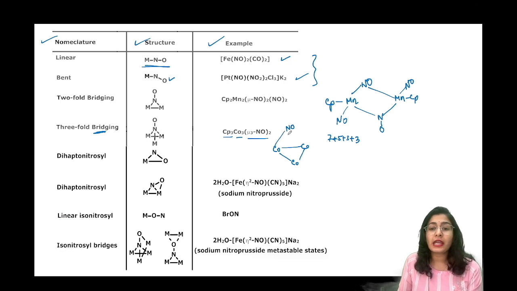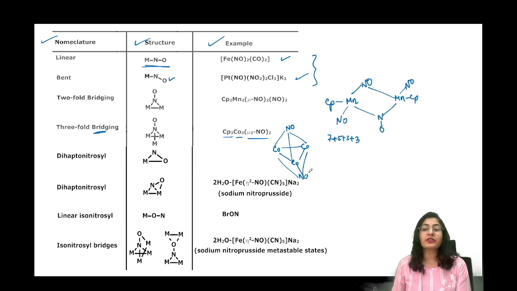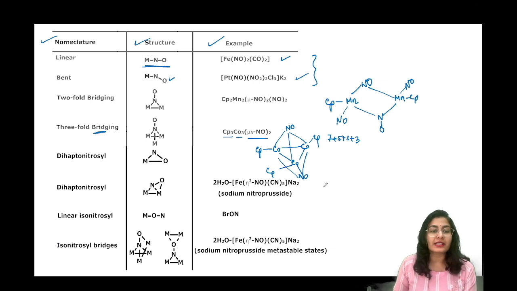One nitrosyl bridging all the metals, and there is another nitrosyl which is bridging all the metals. Doesn't it look like a trigonal bipyramidal system where nitrosyls are taking 2 of the vertices? Absolutely it is. And there are going to be Cp with each of the cobalt. So the structure determination thing is very interesting. Okay?